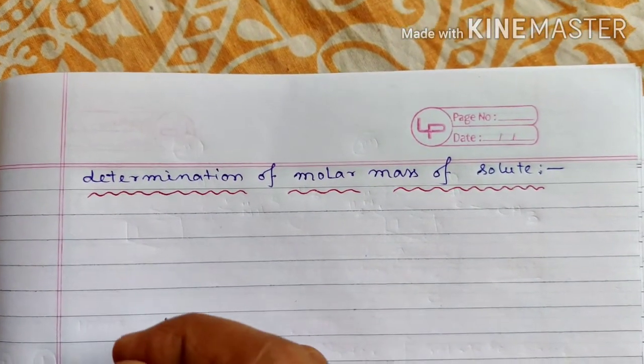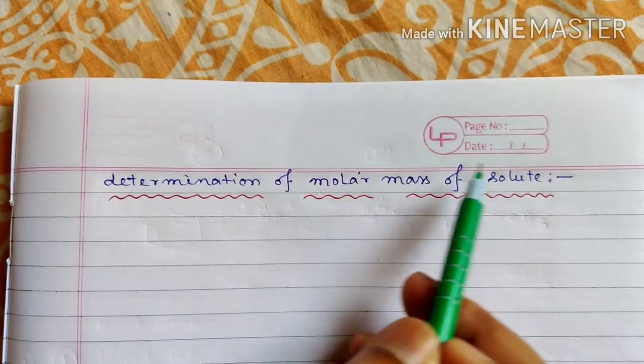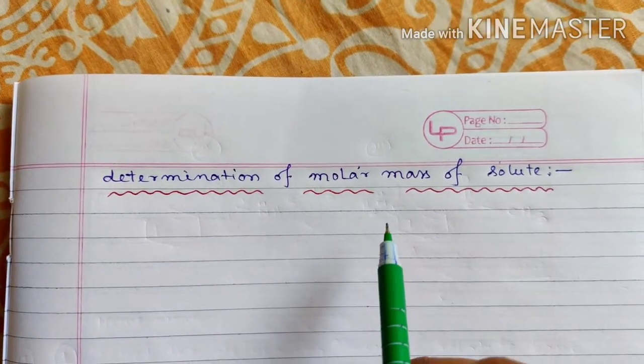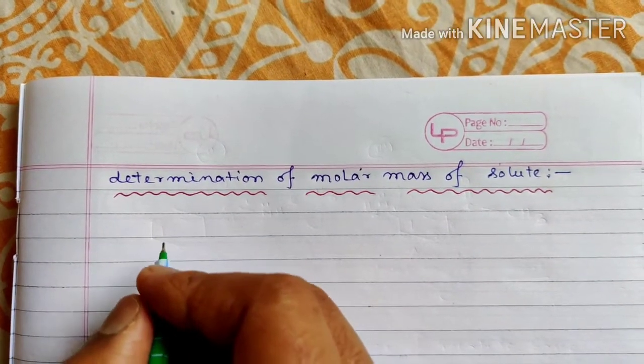Like the previous cases only, here also we can determine the molar mass of the solute from the depression in freezing point. So let us see how we can do that.